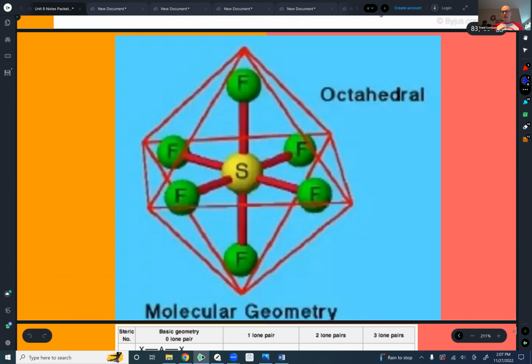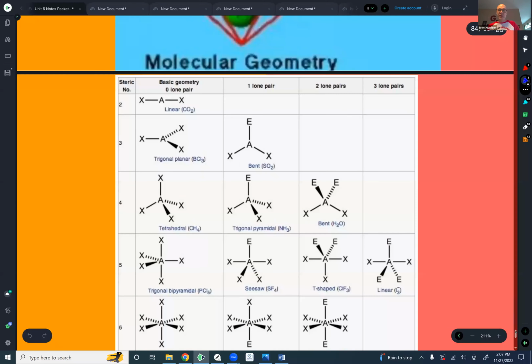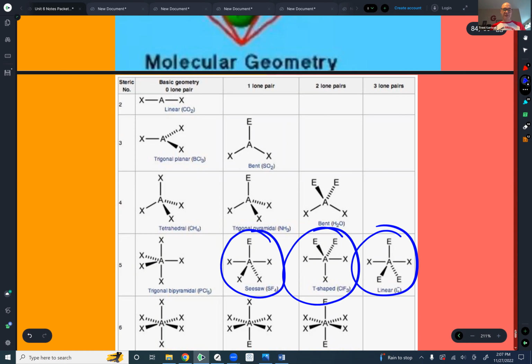Okay, now here is where it gets a little bit weird though. What if we don't have 6 or 5 atoms, but we still have extra electrons? Well, then we start getting into other shapes that we need to be aware of what their names are. We have the seesaw, the T-shape, and it could be a linear.